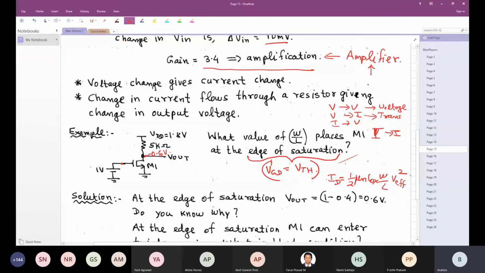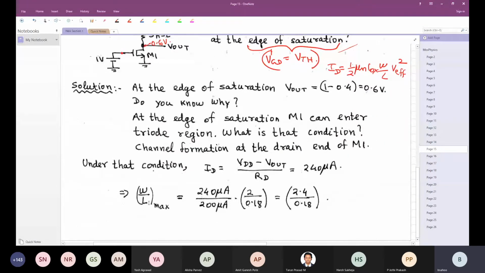So we know exactly what V effective is, and we know mu and Cox. We know the current because we have defined the condition of edge of saturation. And therefore, I can find out W over L, the aspect ratio, under the channel condition at the drain end of M1. So (VDD minus V out) by RD is 240 microamps, and therefore W over L max is given by this.